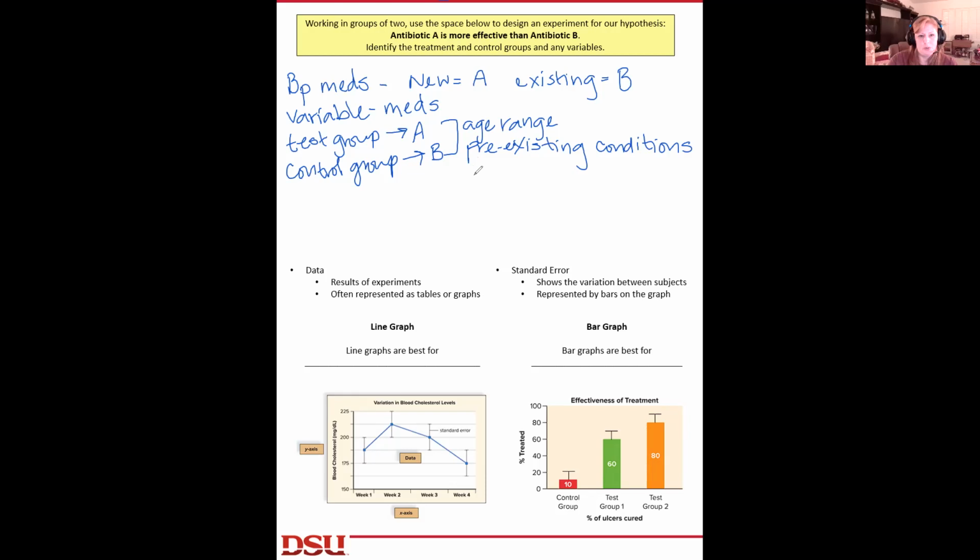You might want to narrow this down by ethnicity, since certain ethnic groups have been shown to have different rates of disease depending on the disease. So you might want to have specific ethnicity, and you might want to narrow it down to a specific sex, like men only.